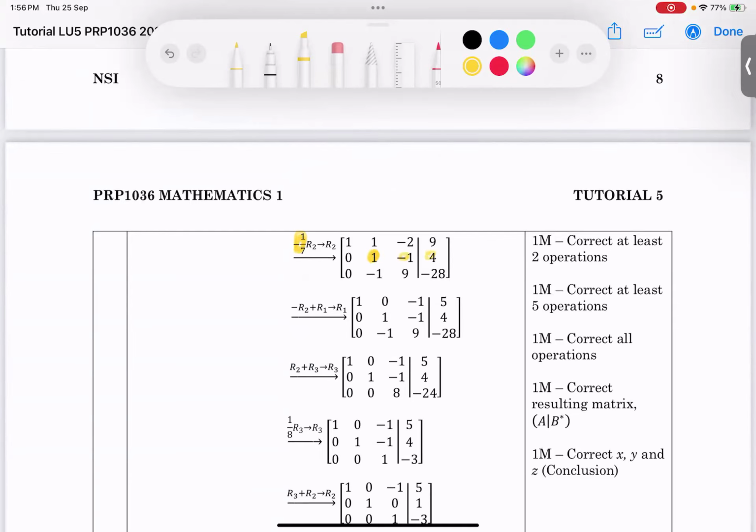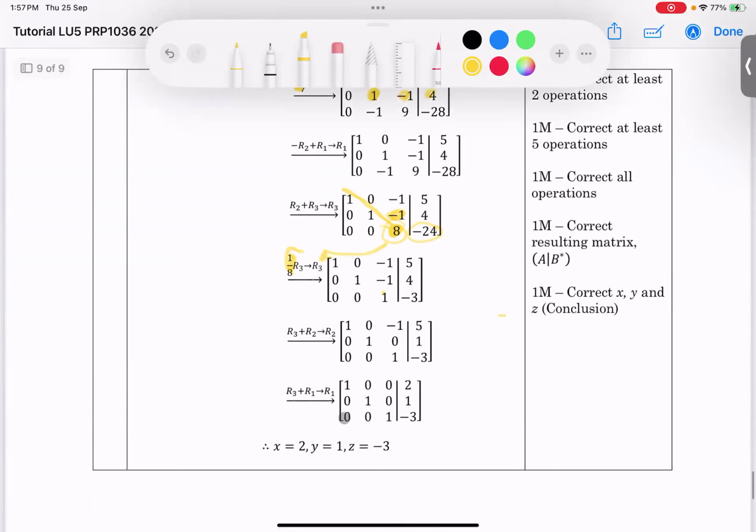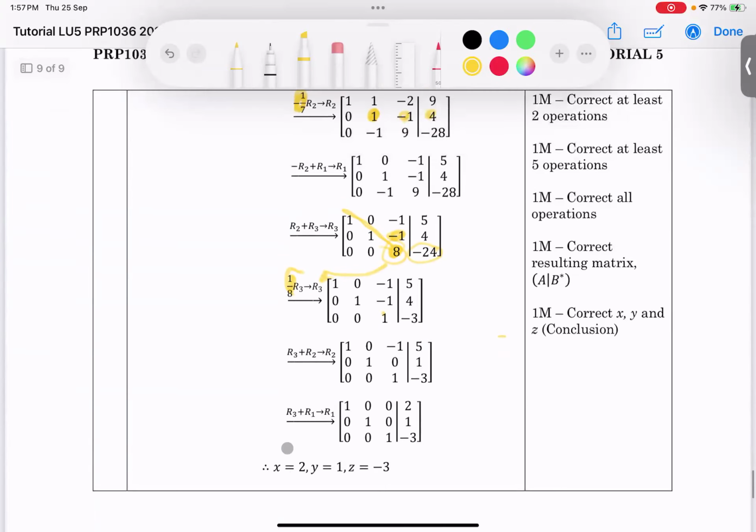You can try this, and then you can see from here, here is negative. This one you can see the diagonal here. This one is add. You multiply by 1 over that, you get this answer also. So that's why for your final answer you do until you get this part, and then 2, 1, -3.